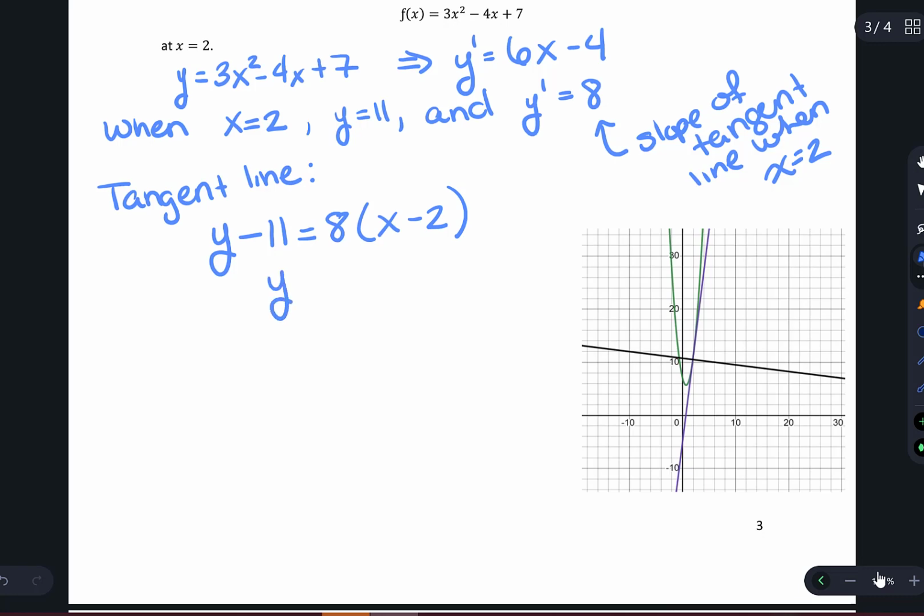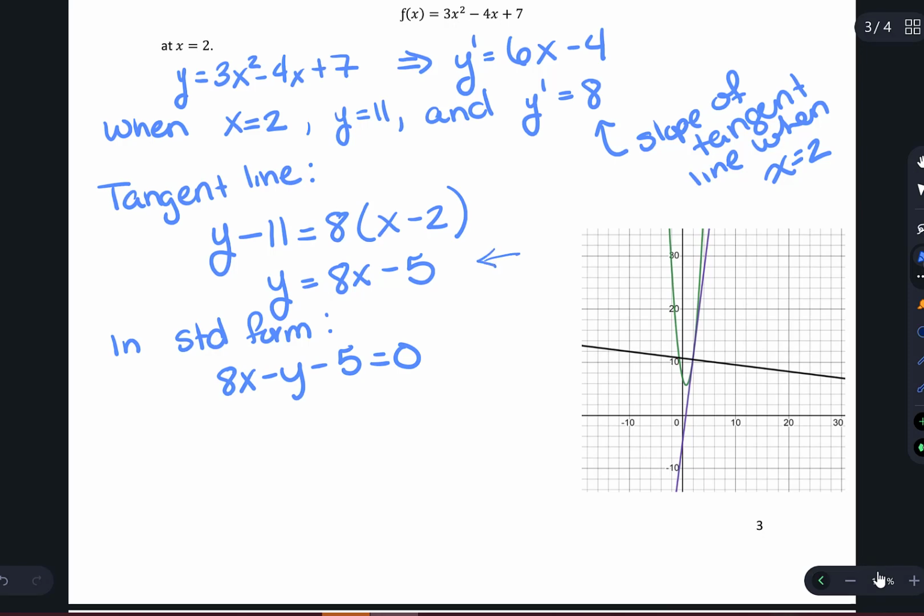And this is equal to y is equal to 8x minus 5. And then if we want to write this in standard form, we would have 8x minus y minus 5 is equal to 0. And notice to get that standard form, all I did was rearrange this piece right here.